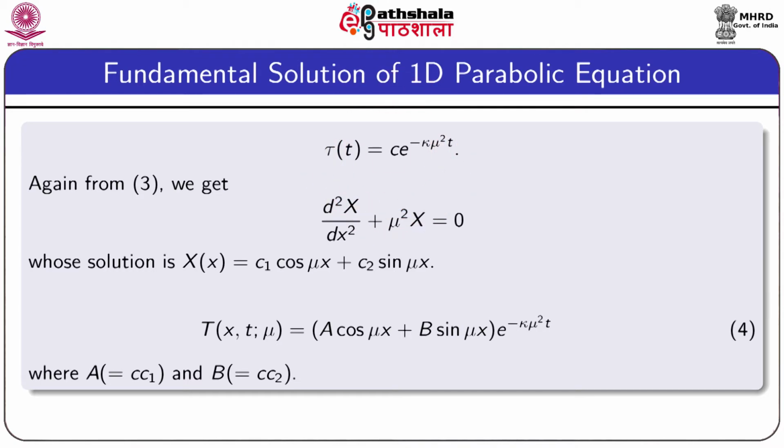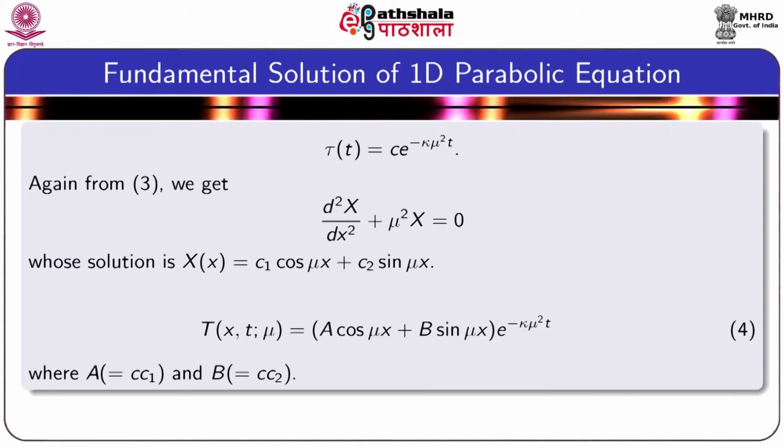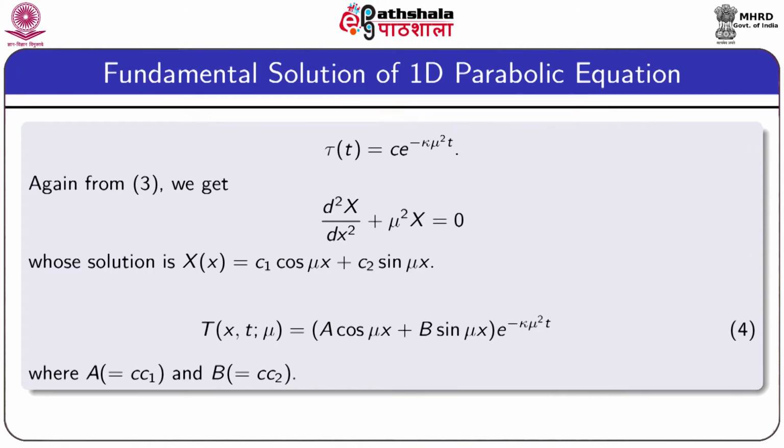Now, there is another equation in capital X which is written here, d2X dx square plus mu square X equals 0, whose solution is capital X equals c1 cos mu x plus c2 sin mu x, where c1 and c2 are constants.